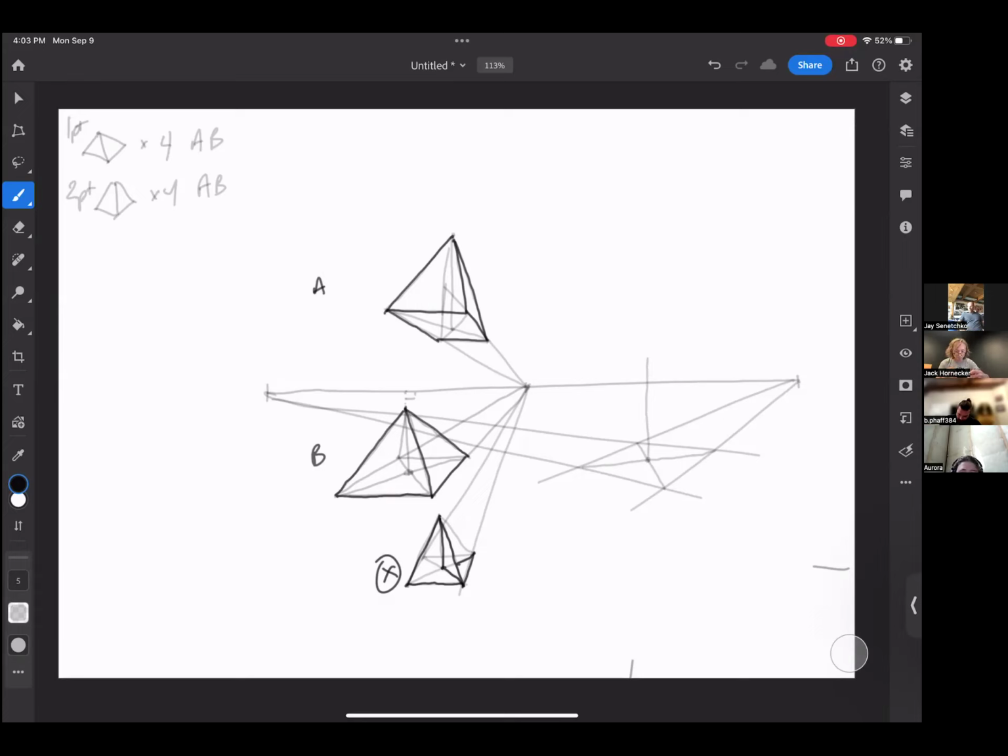And I'm dragging it up above the horizon line this time, in order to make a point that doesn't make a difference. And that's why you don't have to do it. And then connect that peak to all 4 corners. And then darken the lines that you want to be your finish lines.